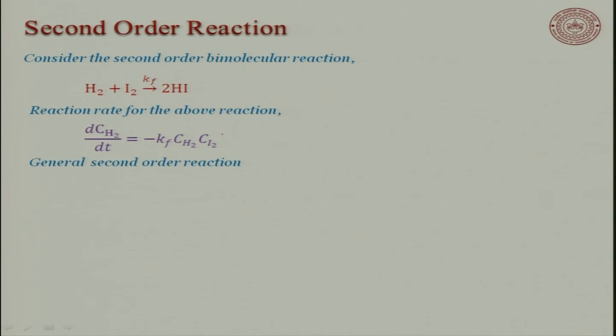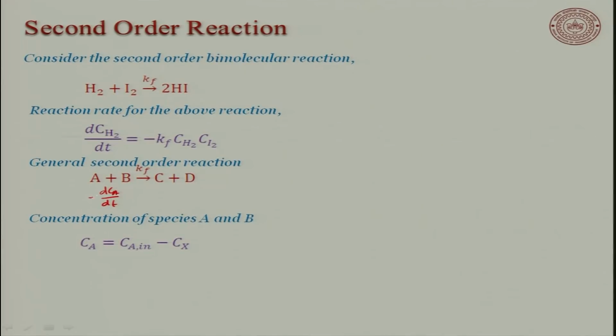And if I write down a general second order reaction, we can look at A plus B going to C and D with specific reaction rate Kf, this is a forward reaction. So, the reaction rate will be dCA by dt equal to minus Kf Ca Cb, right.